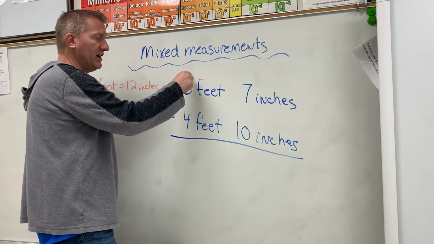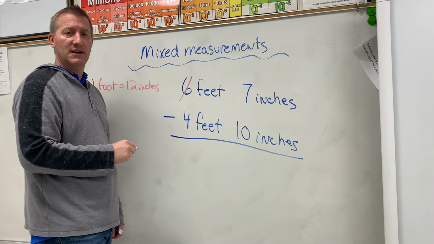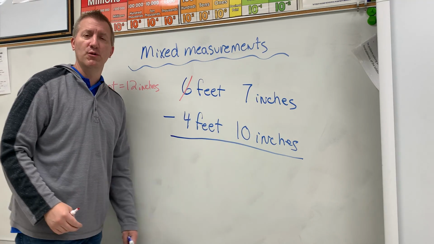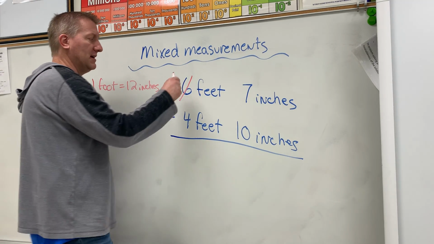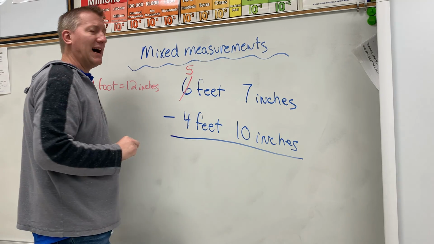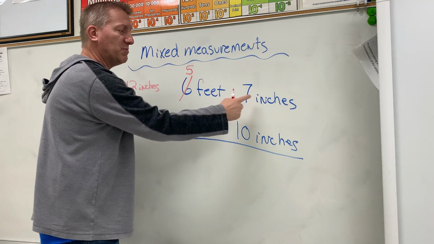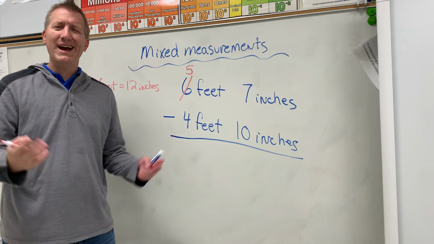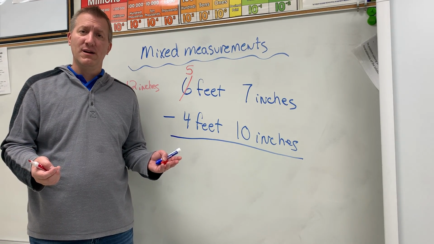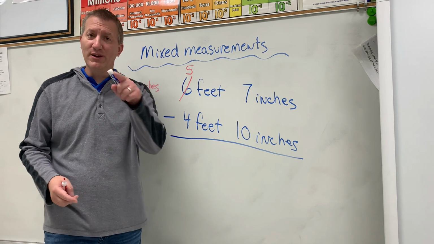So you come over here, you cross out the feet. So I'm going to take 1 foot and I'm going to move it over to the inches column. So I'm going to cross out 6. That becomes a 5. Now, I don't bring 10 over. Why do you think I don't bring 10 over? Yeah, you're right.